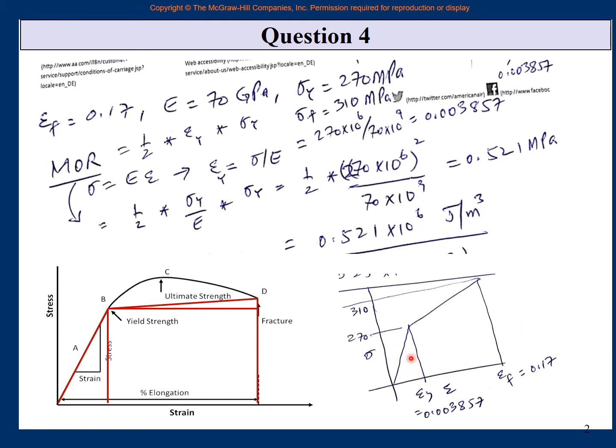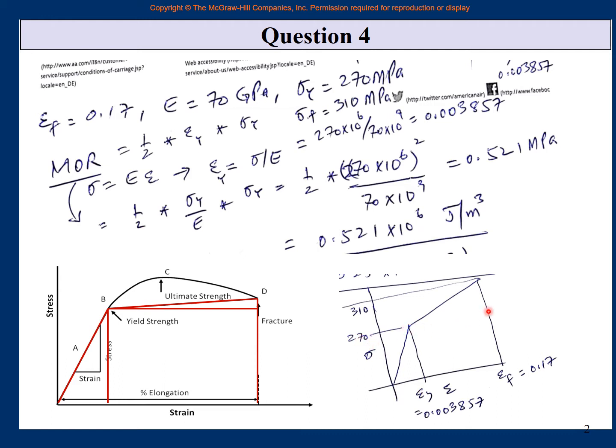I told you that this is half this much, which will be epsilon y, into this much, sigma y. So this sigma is known, this epsilon is unknown. As soon as you find epsilon y, then this triangle area, which is the modulus of resilience, is half into epsilon y into sigma y.